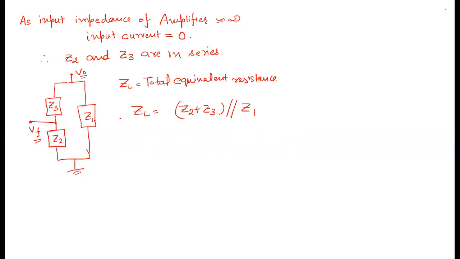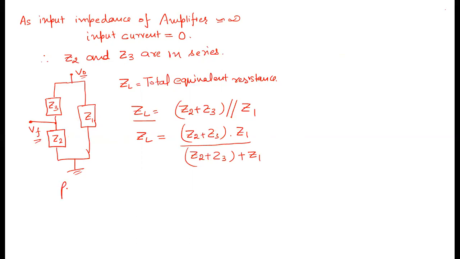So the total impedance of this network, ZL, is equal to Z2 plus Z3 in parallel to Z1. So we can say that the impedance ZL is equal to Z2 plus Z3 into Z1 divided by Z2 plus Z3 plus Z1.